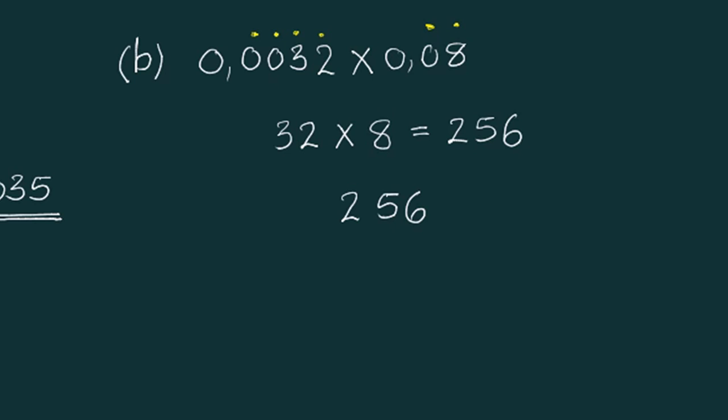So I go on to 256. Remember, I have 6 digits in total. That is where my decimal point is.